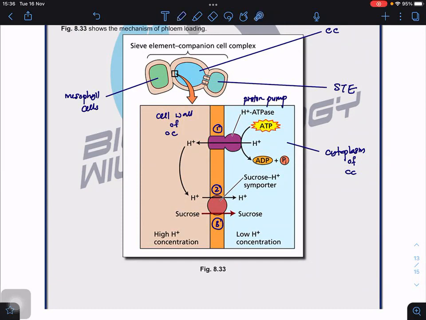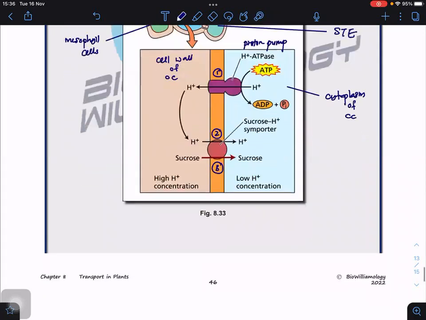So the first one is active transport. We know that active transport can go against the concentration gradient. Therefore, you can see that we have a high H plus concentration at the wall and a low H plus concentration inside the cytoplasm of the companion cell.